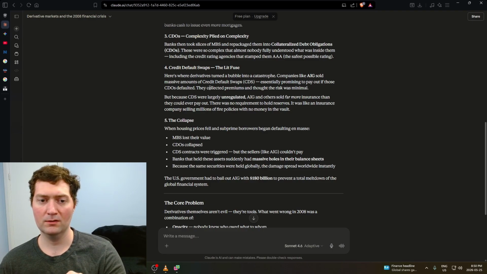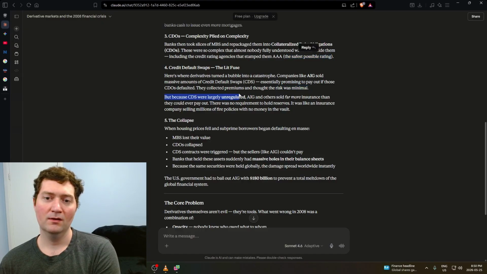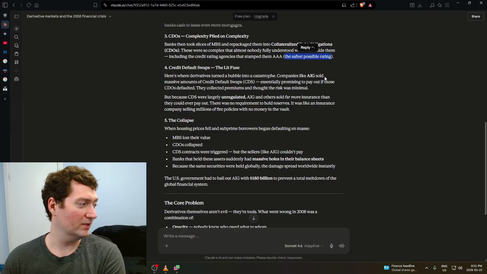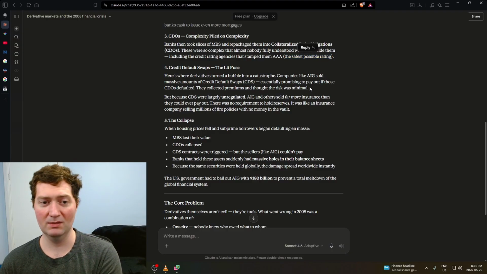They collected premiums and thought the risk was minimal. Well, they're looking at the safest possible rating. I mean, doesn't that mean the risk is minimal right there? AAA? That means risk is minimal, huh?